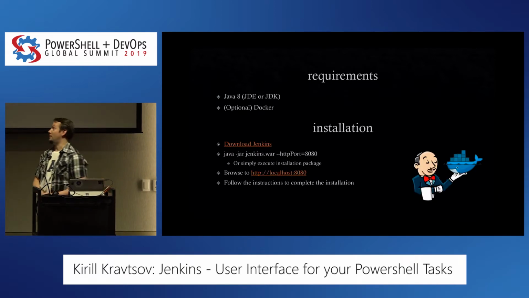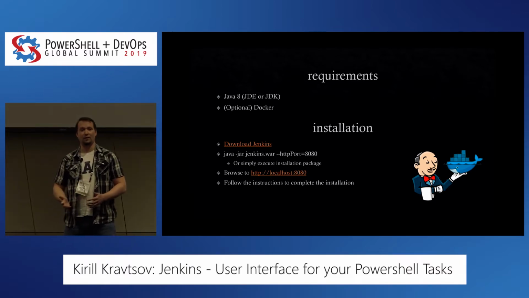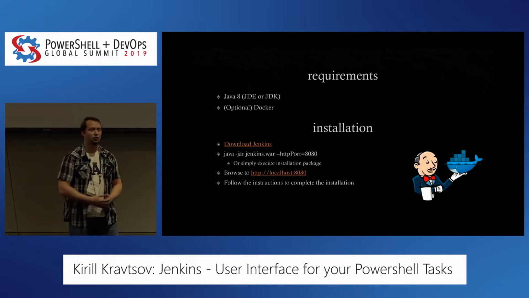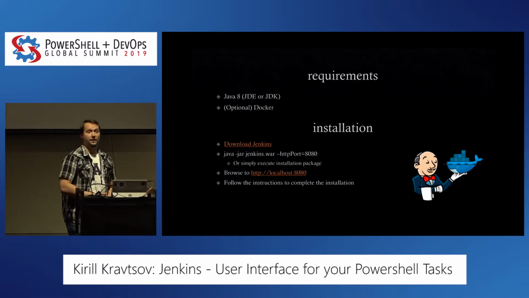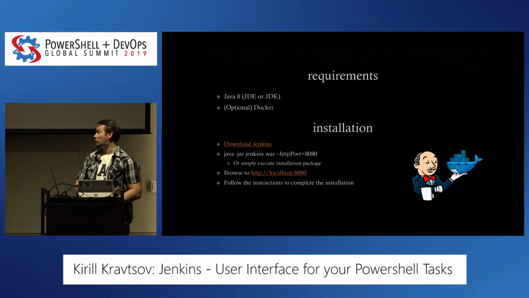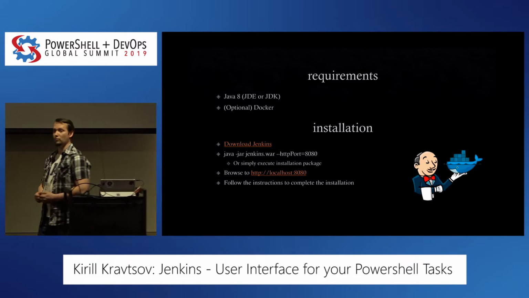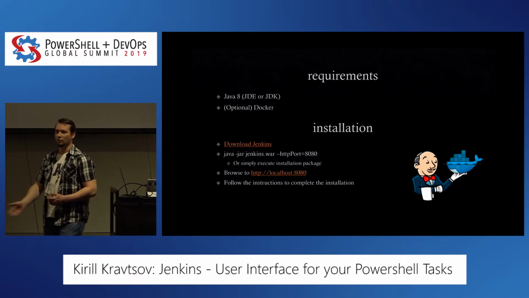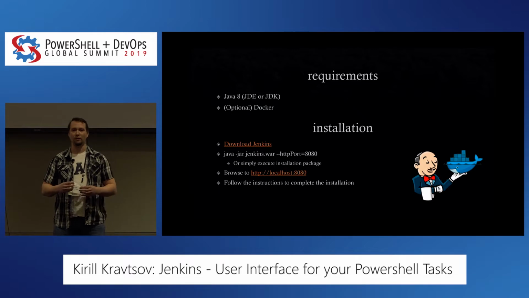How do you get Jenkins? Well, pretty simple. Jenkins is literally a Java application, so it's a jar file that you can download from the web and run with your version of Java of choosing. You can download it as a Docker container and run it on your Docker server. And actually, that is my now favorite way of running Jenkins, because you can pretty much destroy the container anytime, spawn a new version, preserve the configuration, because you can map the configuration folder inside Docker.